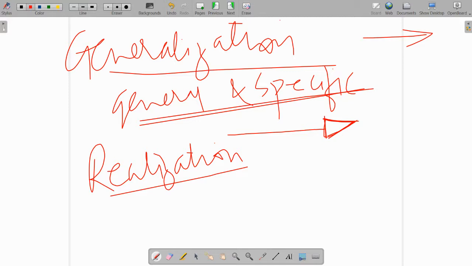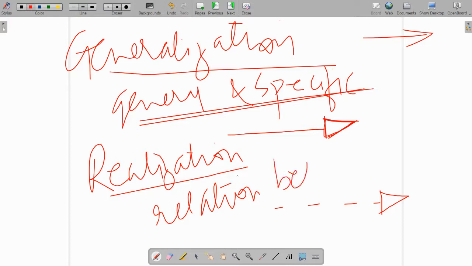That is shown by a dotted line, but here it is shown as a dotted arrow. It is not a plain dotted arrow, it is a dotted block arrow. That is the relation between classifiers.